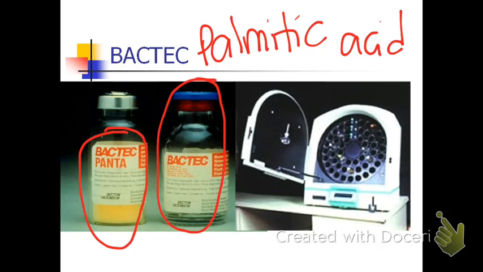At any rate, we place the specimen here, and when you cover it, you have to designate a specific number for the vial. Let's say this one is vial number 2. Then the machine will detect the presence of turbidity.